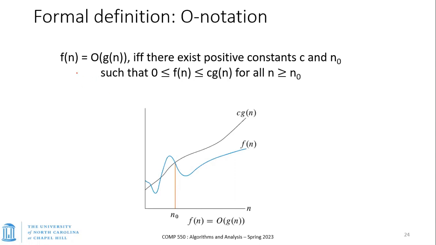The formal definition, which is often found, which is not the one that is there in CLRS, is as follows. f of n is big O of g of n, some function g of n, if and only if there exist positive constants c and n naught, such that 0 is less than or equal to f of n is less than or equal to c times g of n for all values of n greater than or equal to n naught.